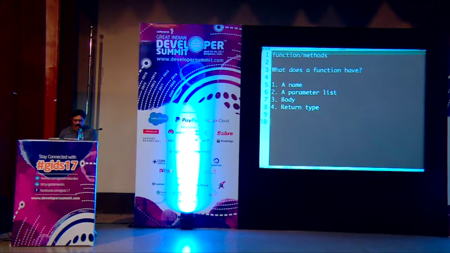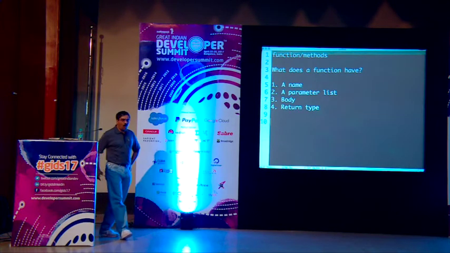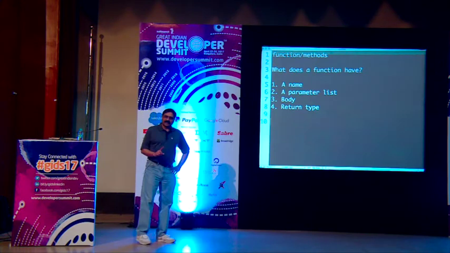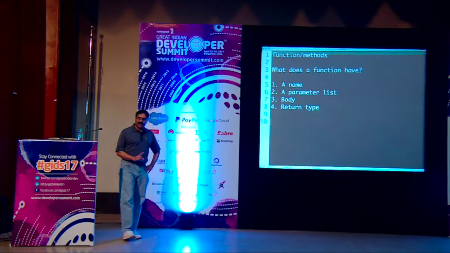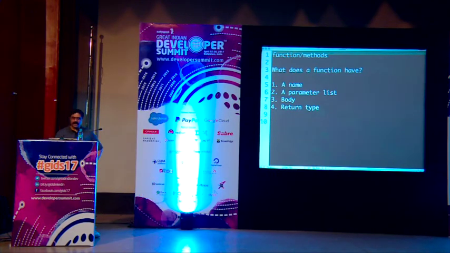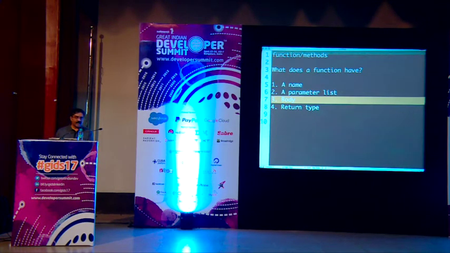Imagine you are boarding an airplane and they tell you can only take one item. So you're allowed one item. Of these four things, if I tell you can only have one, what would that be? The body, right?